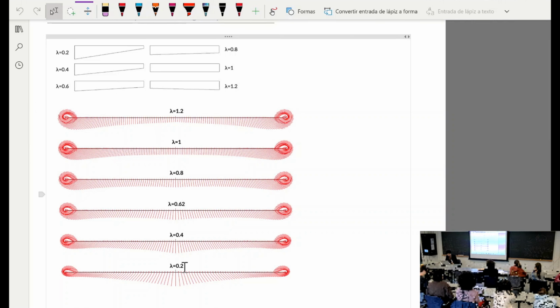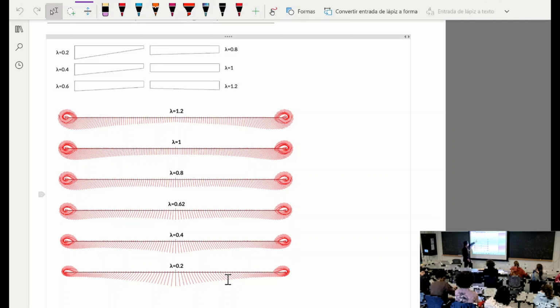As you can see, for example, when lambda equals 0.2, which means the tip has only 20% of the chord length of the root, you can see that the downward induced flow is much less right near the tip region compared to the center region. That's consistent with the calculation you've done.